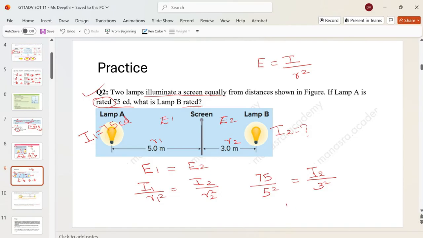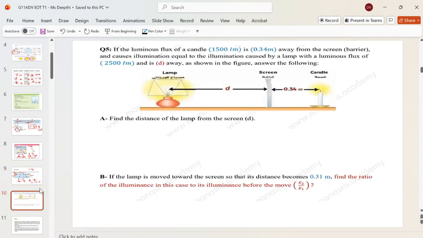The answer would be I2 is equal to 27 CD. You can check with your calculator. It's very important to check every question's answer that you are getting with the calculator. So hope that's clear to you.